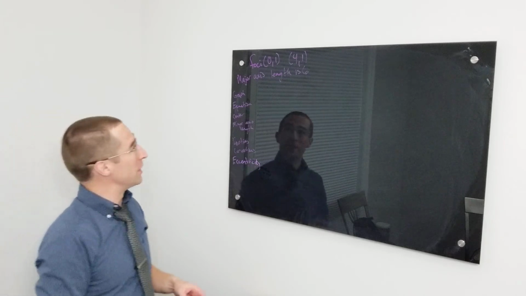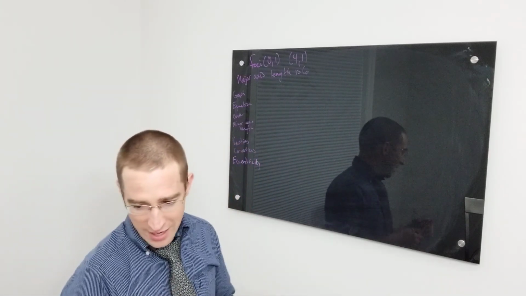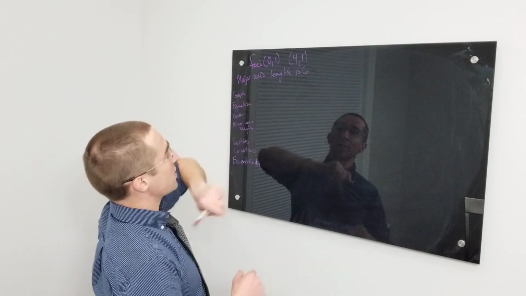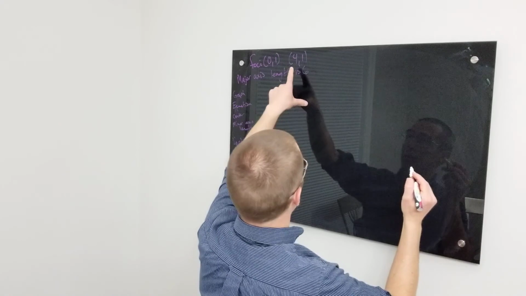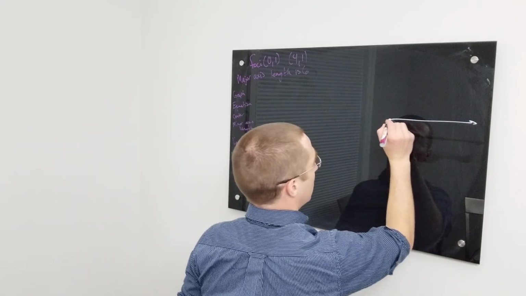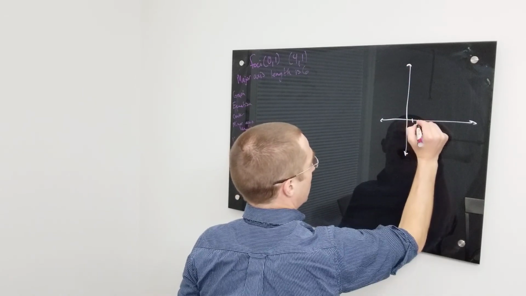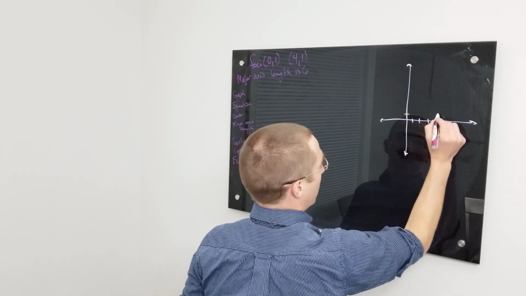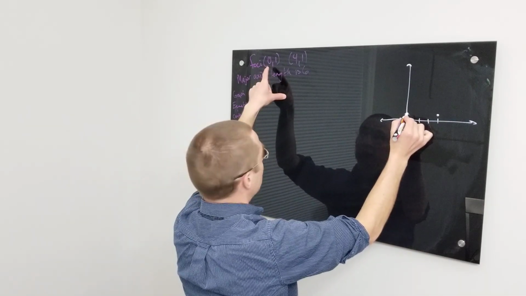Lots of stuff. These problems are a little bit longer than the parabola ones, so let's just dive right in. We're going to start by putting this information on the graph. So I know (4, 1) is one focus, and (0, 1) is another focus.